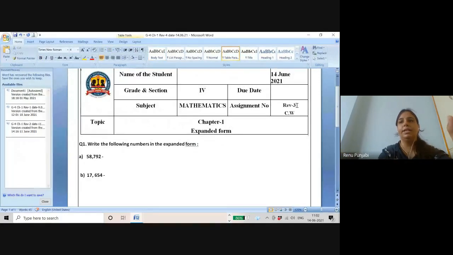Please write today's date 14, the revision number 4, classwork, chapter number 1, and the topic: write the following numbers in the expanded form.